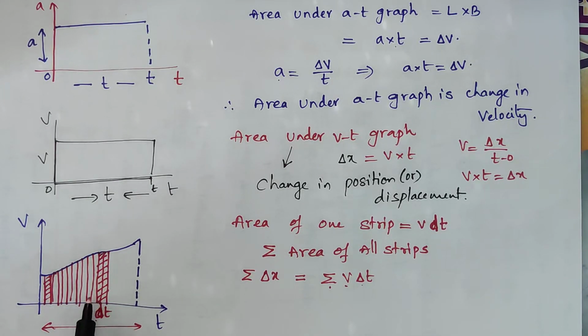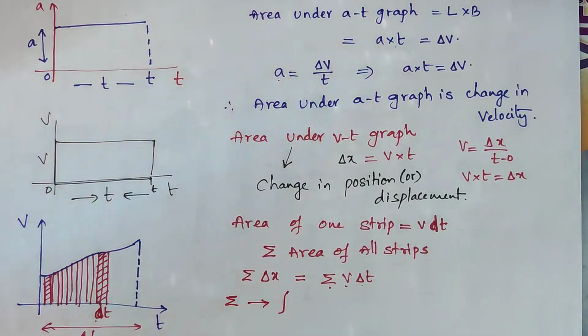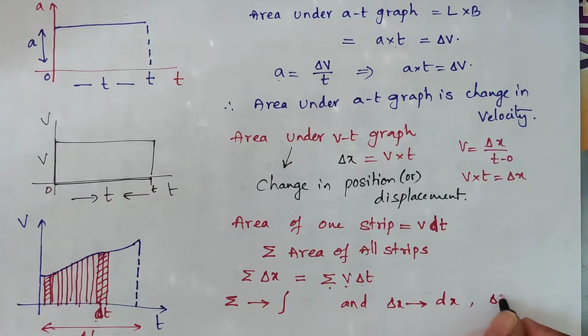the small strips can be further divided into very small strips. In that case, summation will become integration and delta will become d. Delta x will become dx and delta t will become dt.